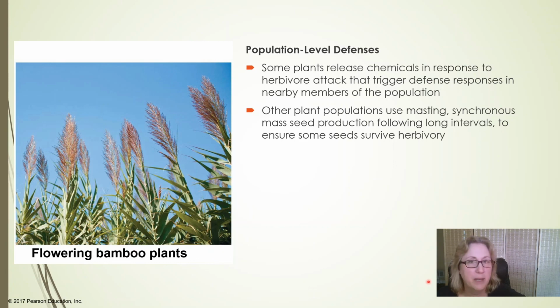For example, bamboo kind of takes this to the absolute extreme, and some kinds of bamboo only flower every 20 years, and all the plants in a particular area will all flower simultaneously in the same year. And it does cause a population explosion of herbivores like wild rats, but then they're going to die off the next year because the bamboo is not going to bloom again.